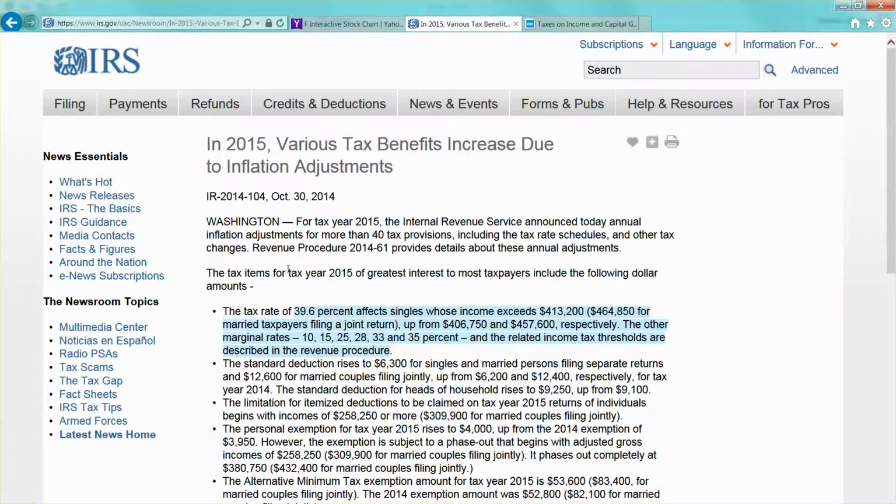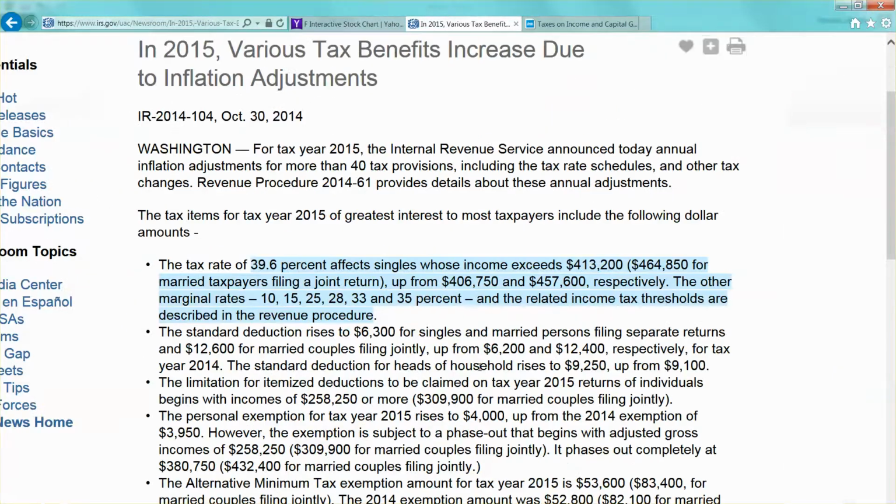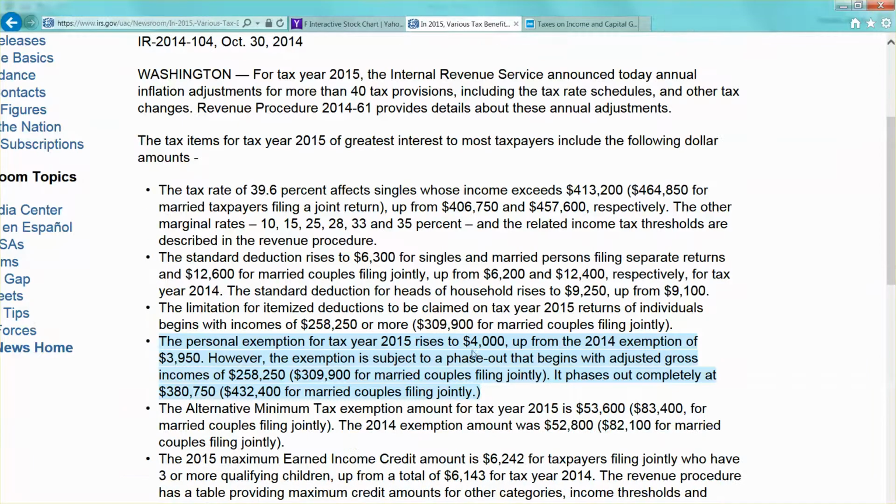Here we go. This is the IRS website, and there are other sites where you can find this information. Here's the information on the personal exemption. The personal exemption for 2015 is $4,000 per person, and if you have children who live with you and they meet certain rules established by the IRS, then you can claim an exemption for them.